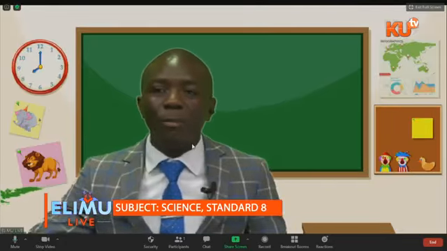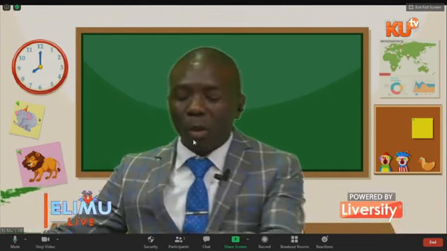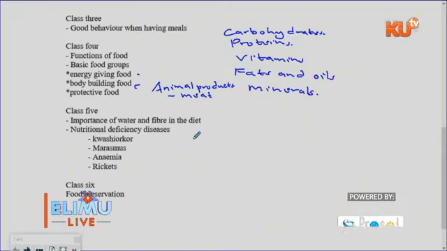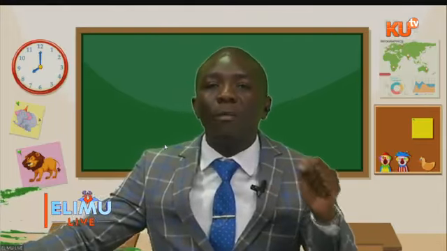And then when you come to protective food, preventive food, the ones that prevent us from sickness, we have vitamins. Vitamins are obtained mainly from, one, fruits, and two, vegetables. All fruits give us vitamins, except green banana.